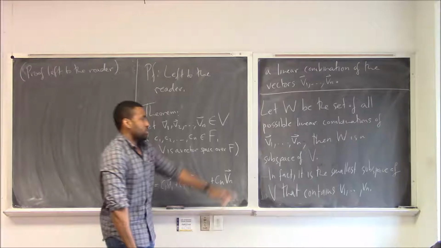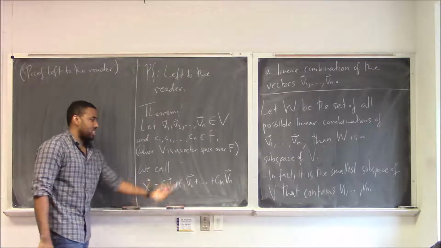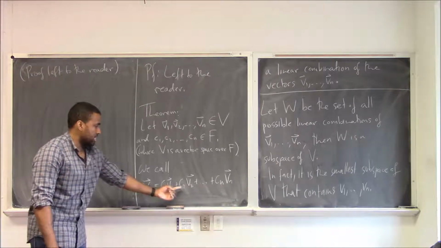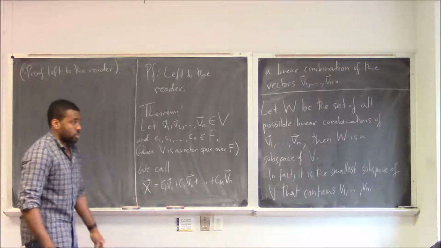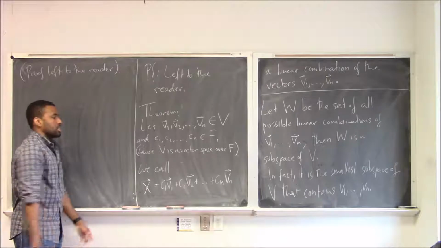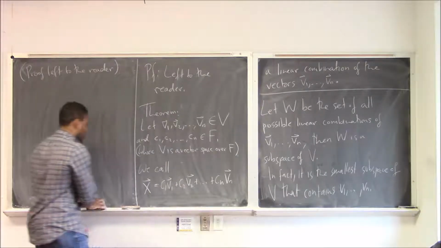So basically, first you have to prove that this is a subspace, which you can just show: if I add two guys of this form I'll get a guy of that form. If I multiply this by a scalar, I will get a guy of this form, so it's a subspace. Then you show that assuming there's some other subspace that contains these, it must contain this as well. Right?